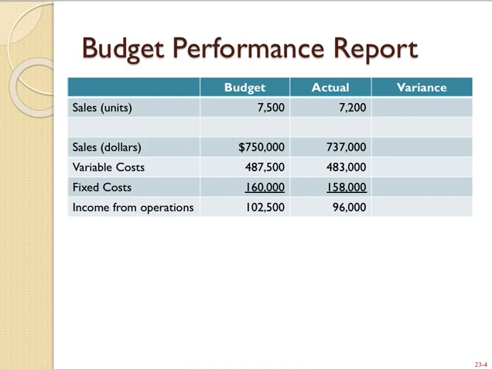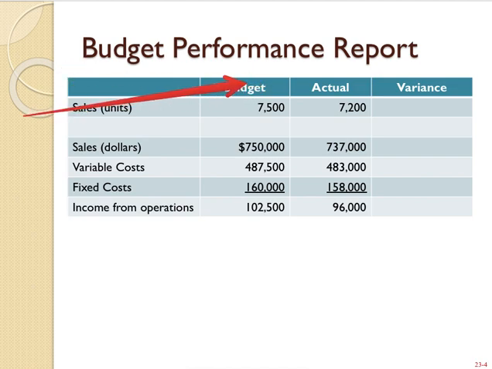So this is what a budget performance report looks like. This is a very shortened one. It doesn't have a detail of all of the specific costs within it, but it's just to give you an idea of what a budget performance report does.